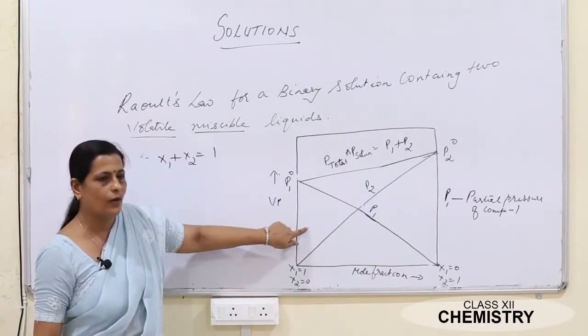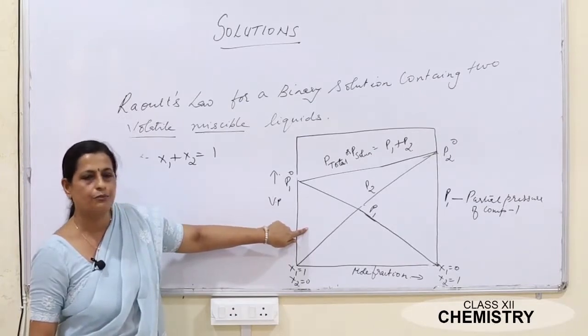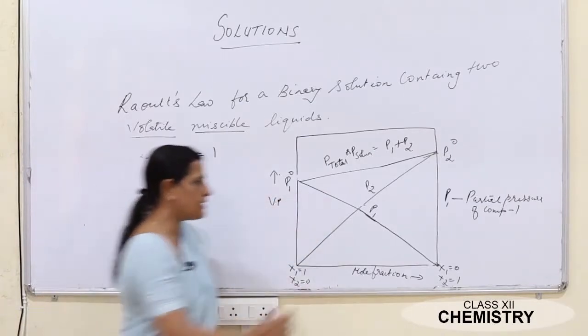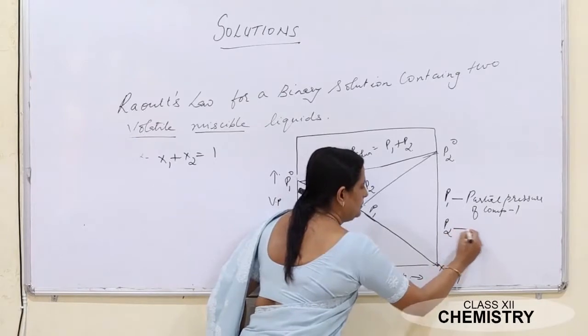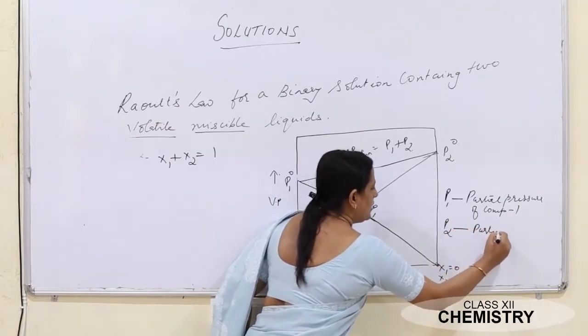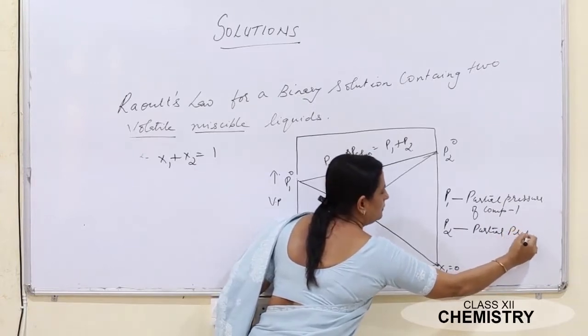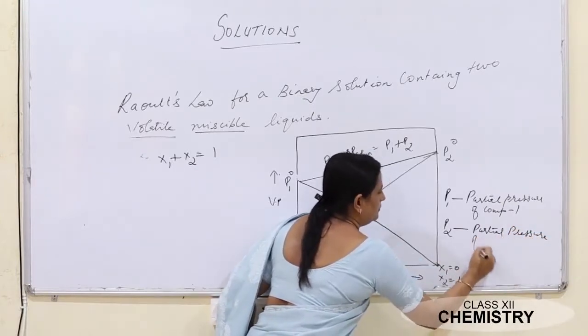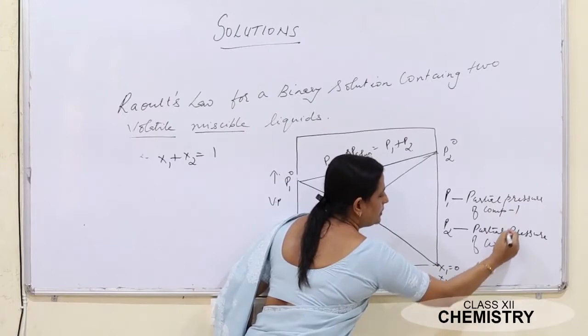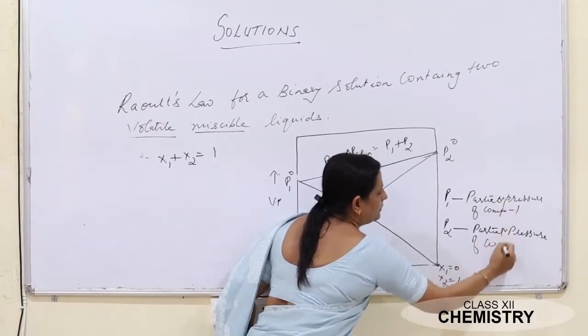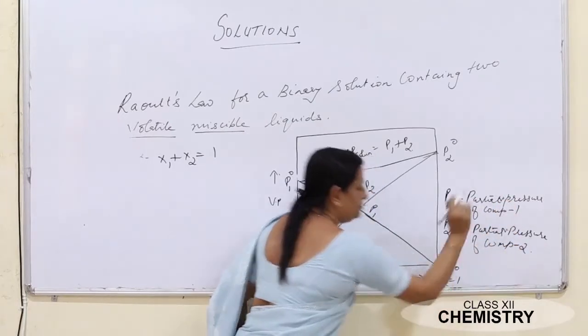It is decreasing. Why? It's coming in contact with component 1. So P2 is known as partial pressure or vapor pressure of partial vapor pressure of component 2.